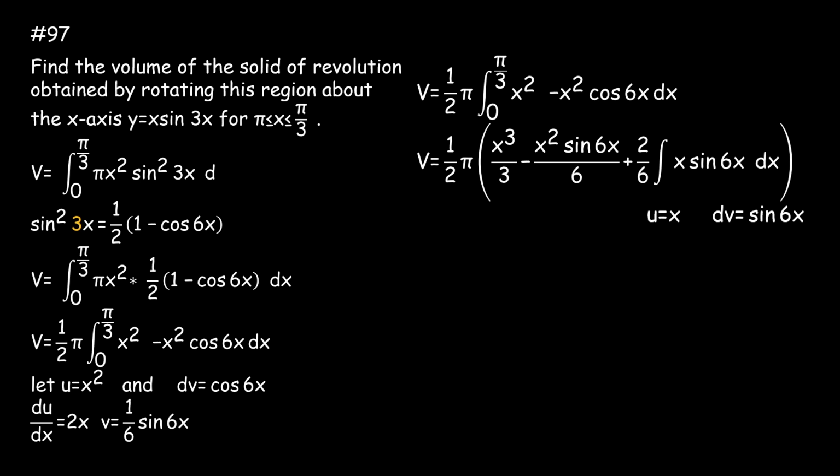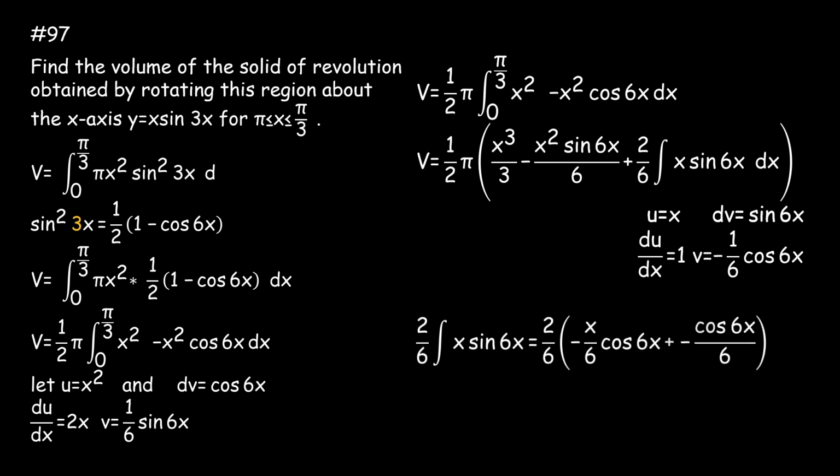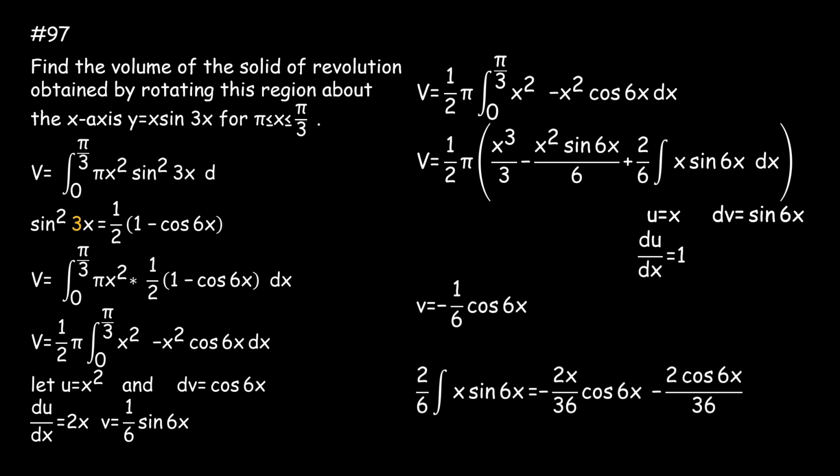Once again, we can take u to be equal to x, dv equal to sine of 6x. If u is x, then du will be 1, and if dv is sine 6x, therefore v would be negative 1/6 cos of 6x. Okay, substituting these into the right hand side of the equation, we're going to have our new integral. 2/6 of the integral of x sine 6x is actually 2/6 of x times negative cos 6x over 6 minus the integral of negative cos 6x over 6.